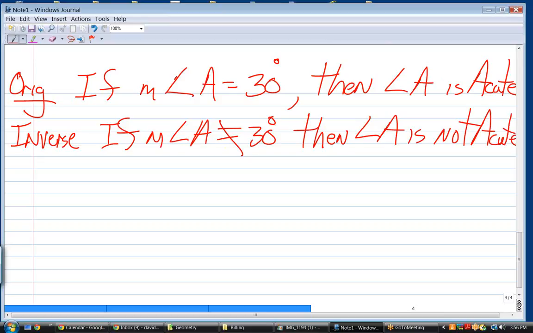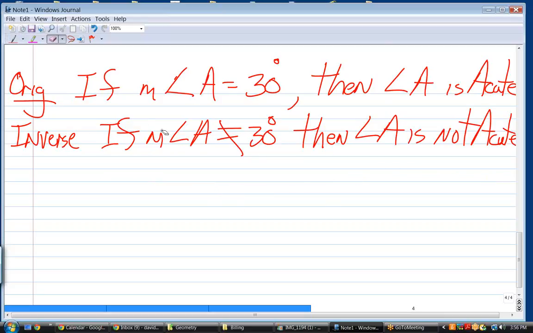Is this inverse true? Yes. No, not really. What if angle A is 40 degrees? Then it would not be 30 degrees, but it would still be acute.